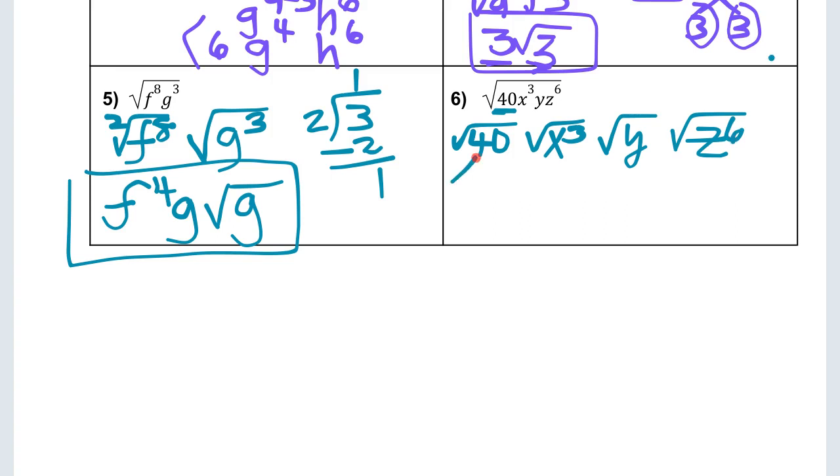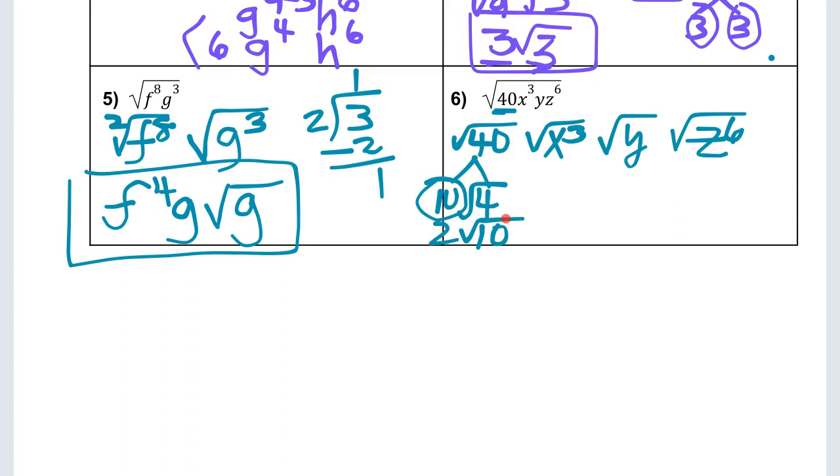Break down root 40 into 10 times 4. Root 4 is 2. 10 breaks down into 5 and 2, but neither one have a root.